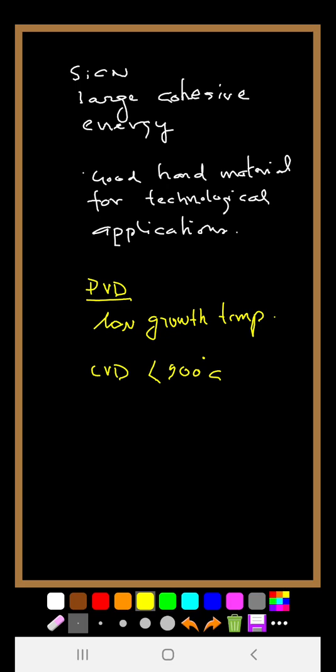Now it has been found that SiCN films have been grown on steel substrates.